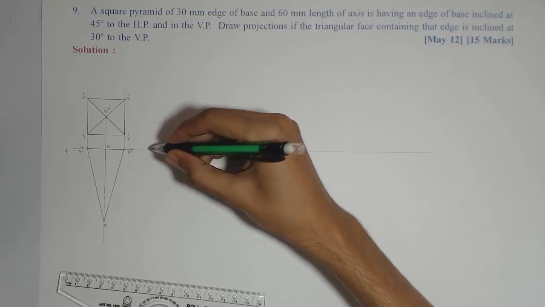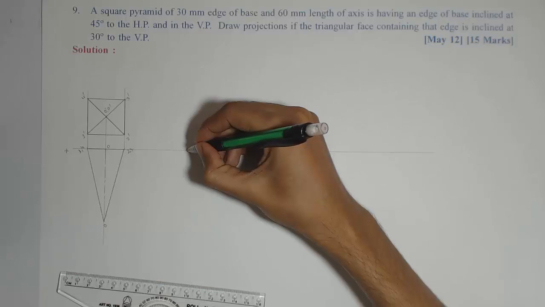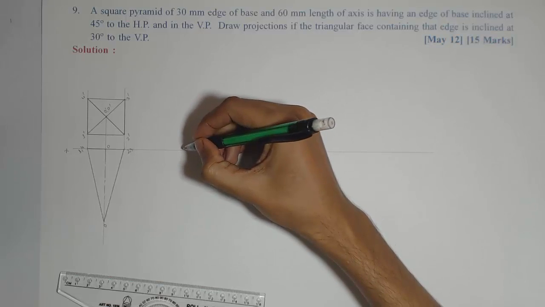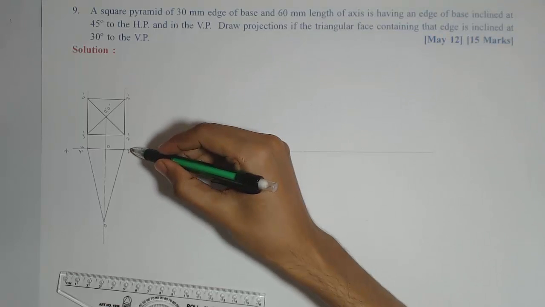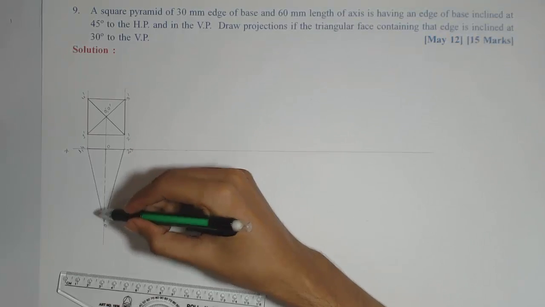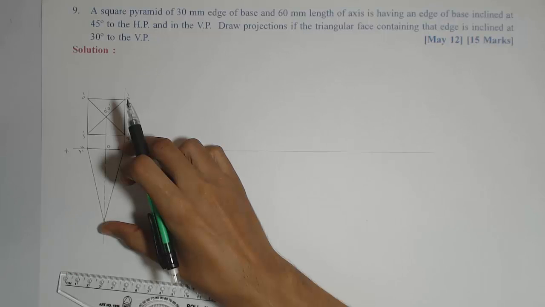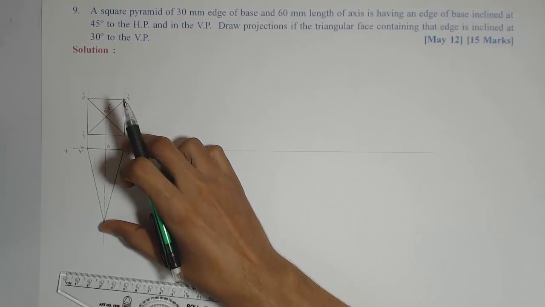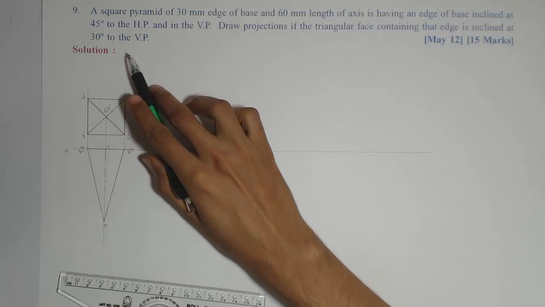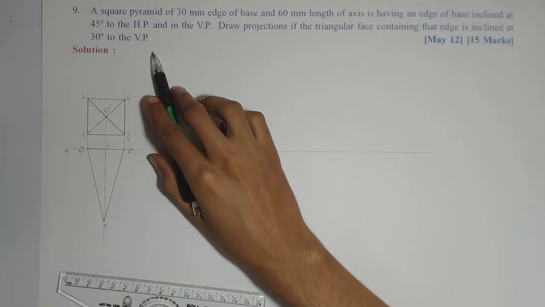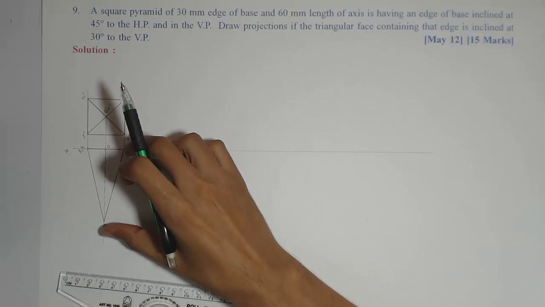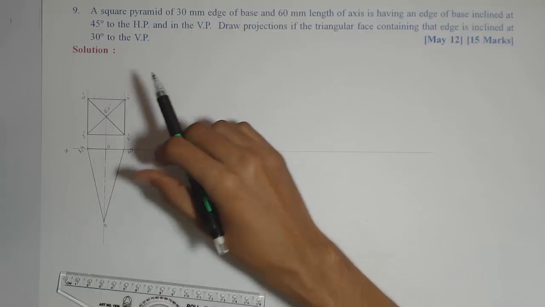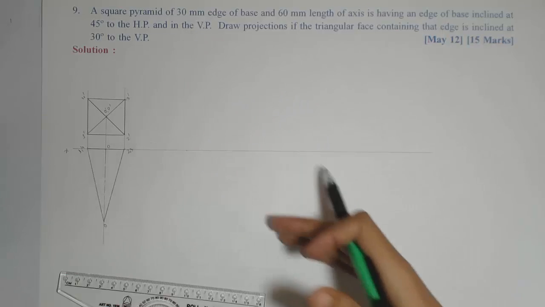That means we need to keep that 2 3 on XY only, but the triangular face containing that edge is 2 3 O. This slant edge is nothing but a triangular face. Okay, so now this face should be made 30 degree to the VP, inclined at 30 degree to the VP. So we will just rotate this triangular face, which is O23, inclined at 30 degree on this side.